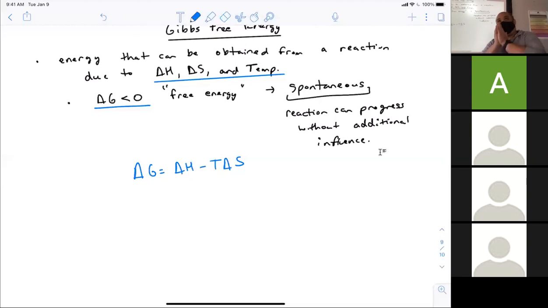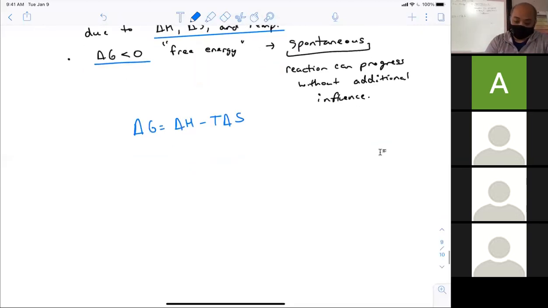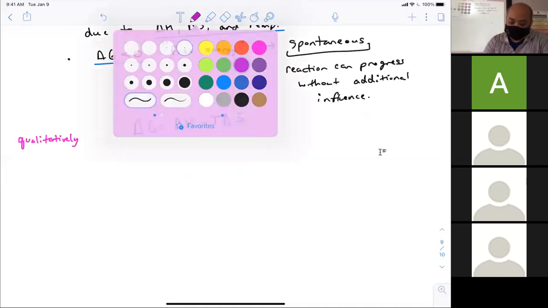Now, qualitatively, you can predict whether a reaction will be spontaneous or not based on just knowing the signs of delta H and delta S. And that's what I want to show first.